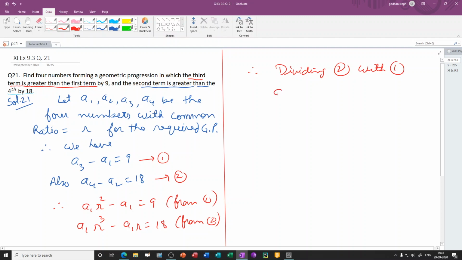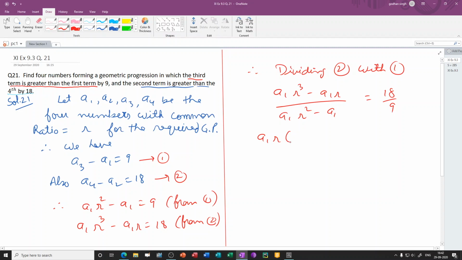So that means A1 R cube minus A1 R, divided by A1 R square minus A1, is equal to 18 over 9. From here, in the numerator and denominator we can take out A1 common, and also from the numerator we can take out R common.